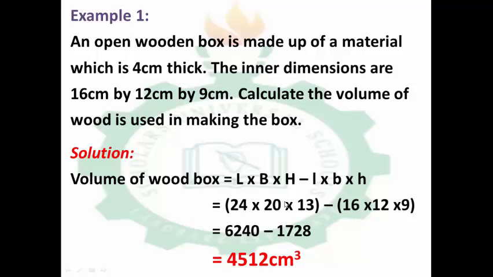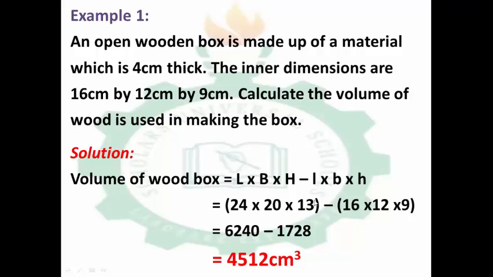So the thickness will make it 20. That is 4 times 2, which is 8, plus 12, that is 20. Then we have the height. The height for the inner dimension is 9 centimeters. Then 4 centimeters thickness, that will make it 13 centimeters.